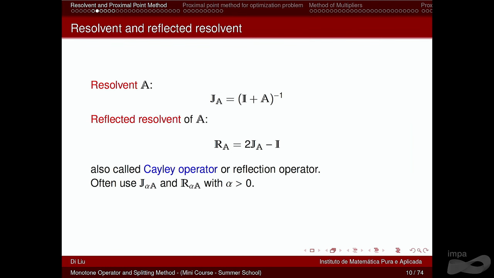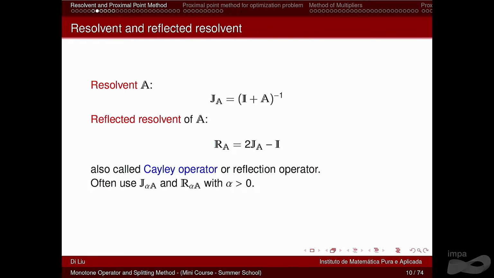So the resolvent is defined in this way: J_A equals the inverse of (identity plus A), and the reflected operator here is defined as 2 times the resolvent minus I. Here you can think about the reflection. How do we define the reflection in R^n?